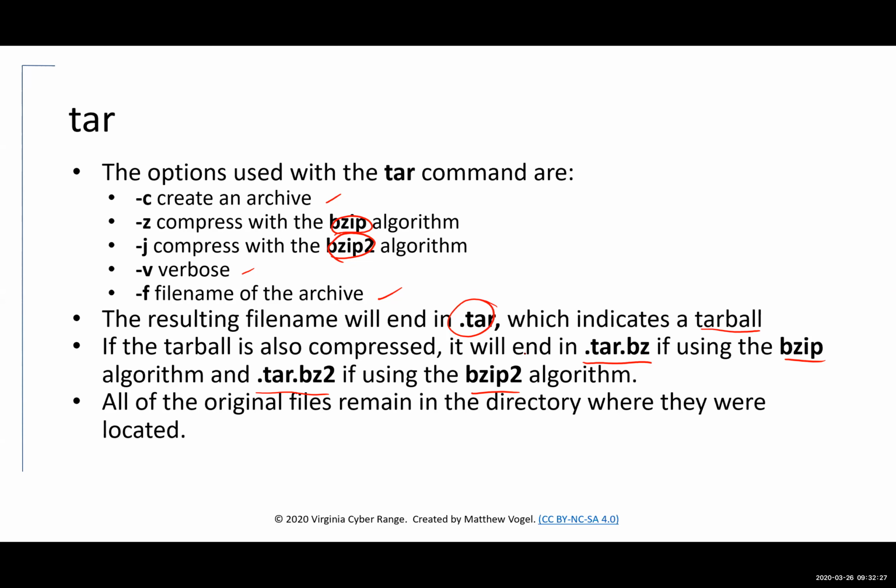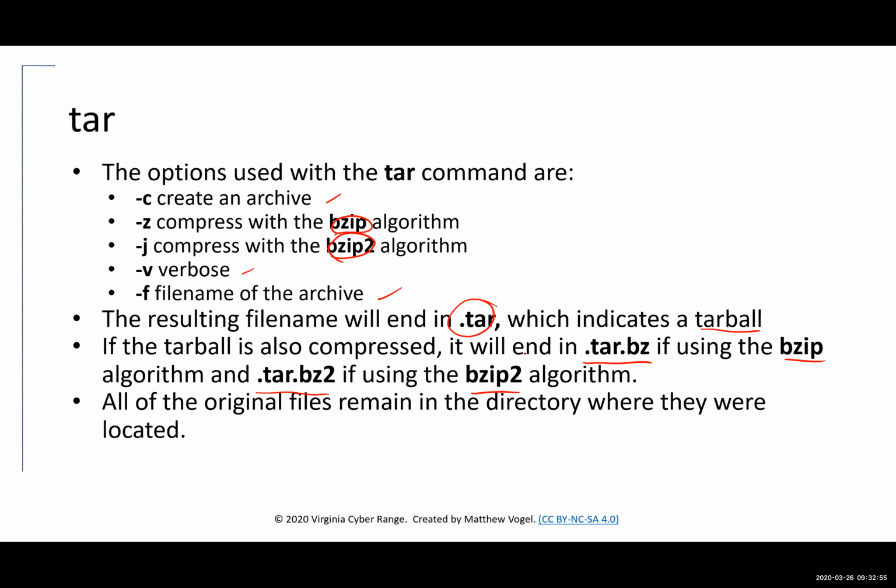And what's the difference between those two? Well, bzip is sort of the first compression technique that the tar system used, and bzip2 is the evolution of the bzip protocol. So it's slightly more efficient, slightly better compression.